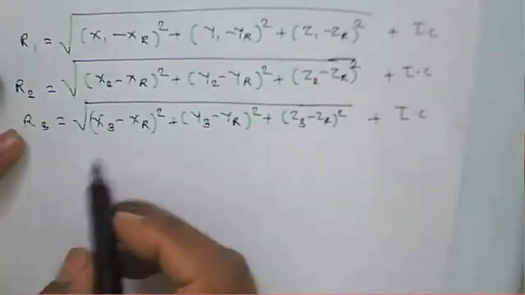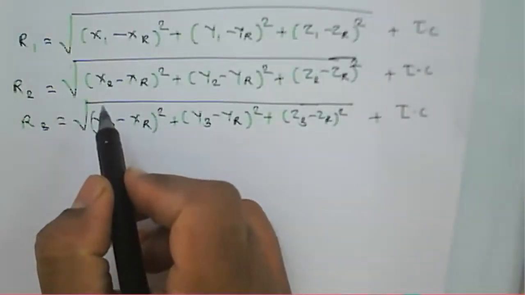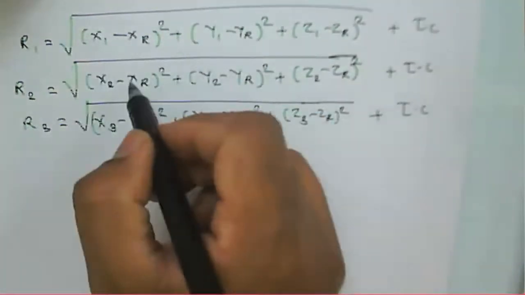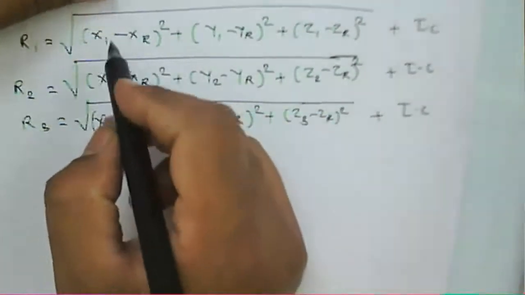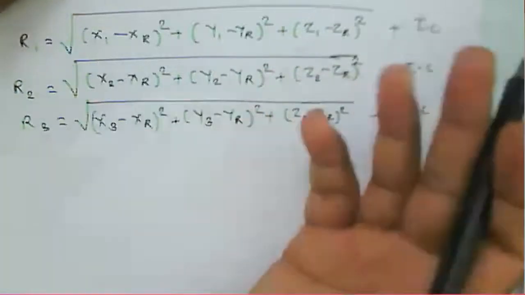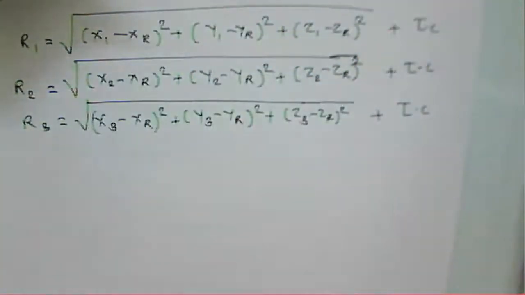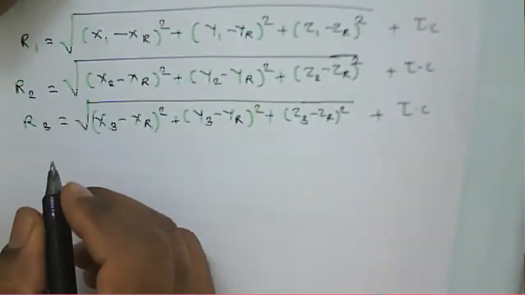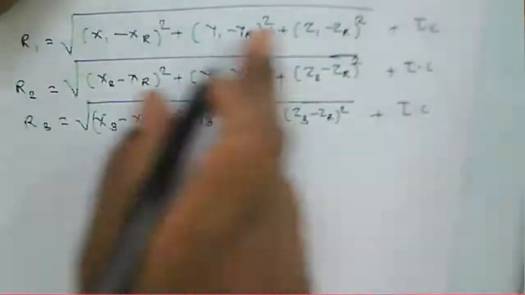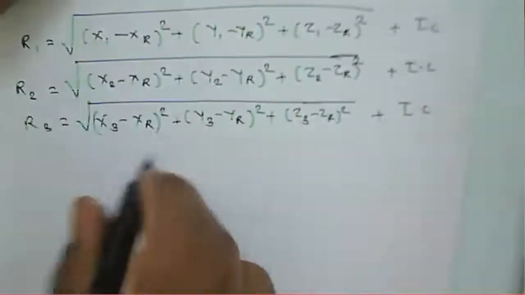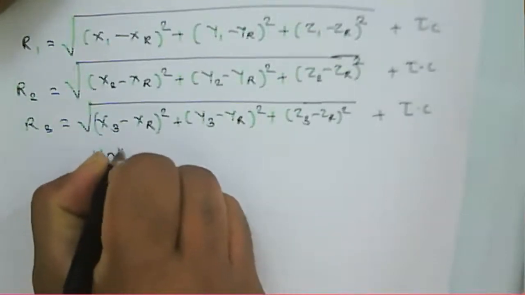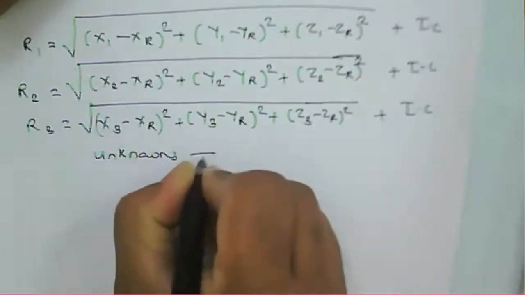These are the equations. If you see those equations, we know the positions of the satellites x1, x2, x3, because the timing signal had the information of the position of the satellite. So x1, x2, x3 are nothing but known factors. But in this particular equation, there are four unknowns.